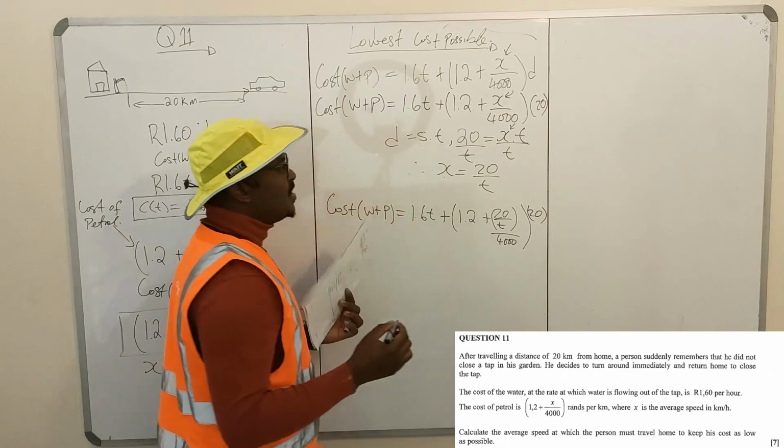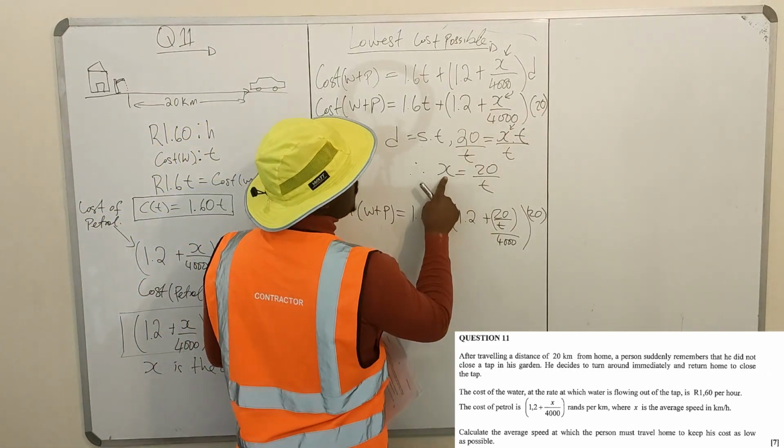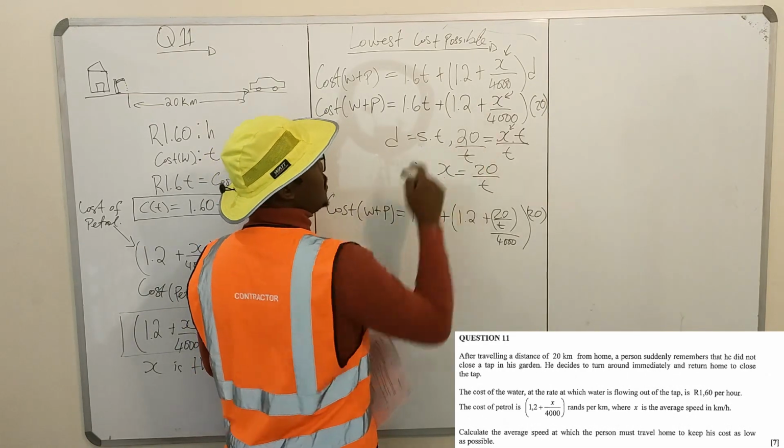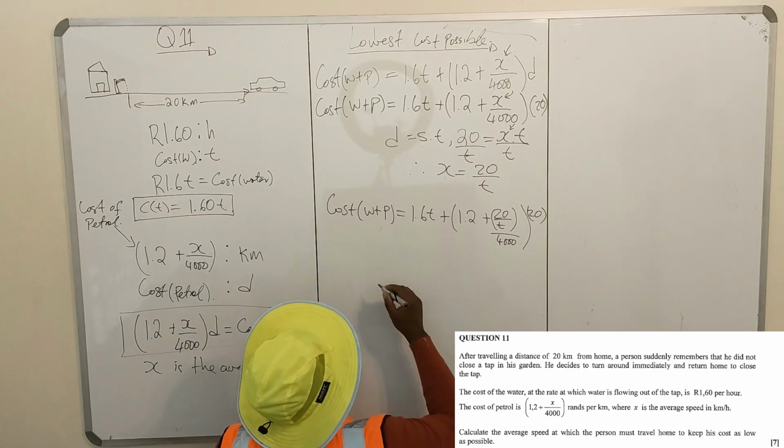The 20 outside is the distance, that one over there. So you only substituted your x there. Then you simplify this.